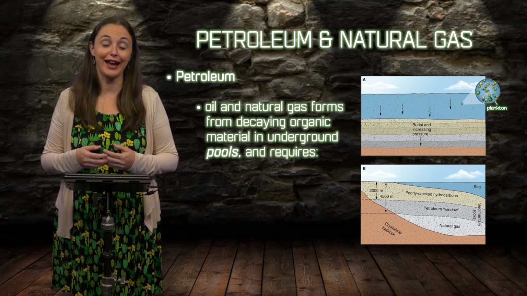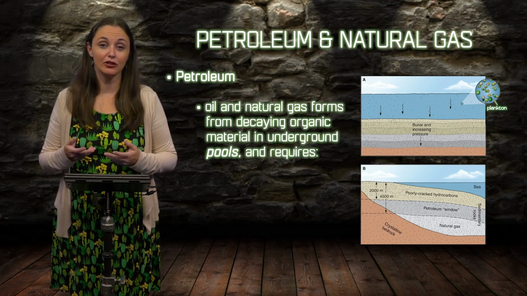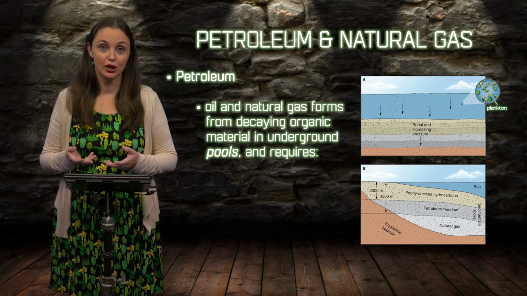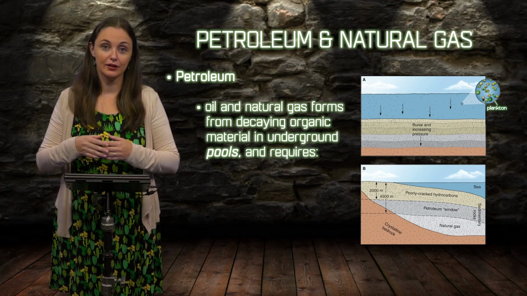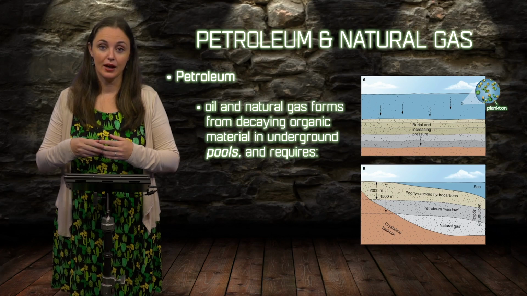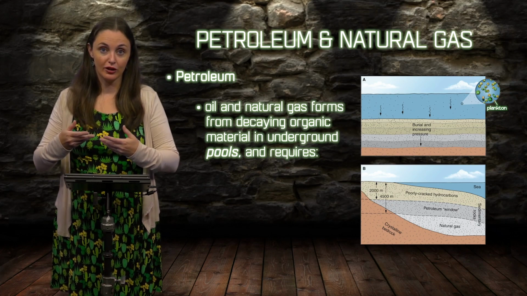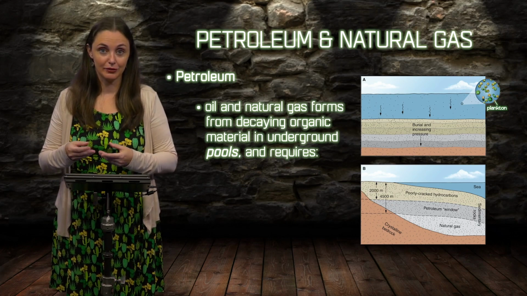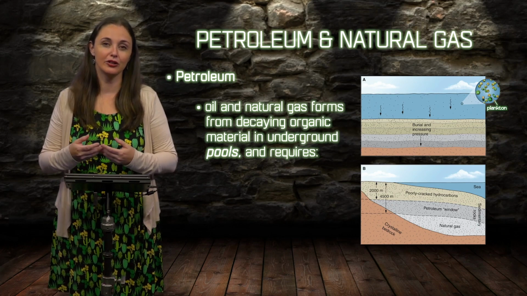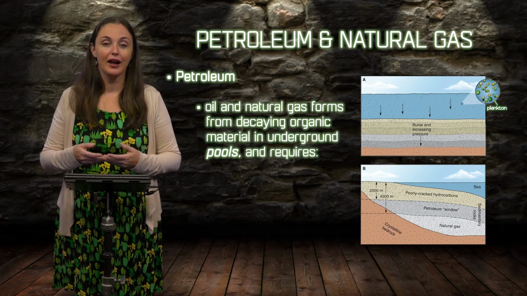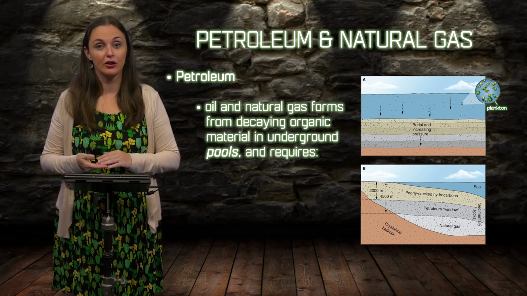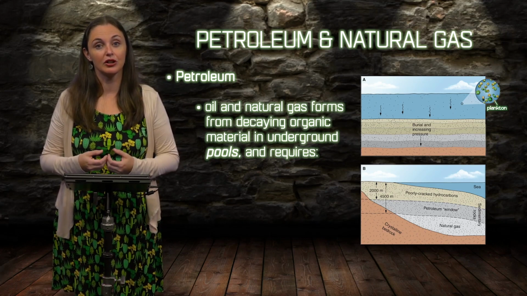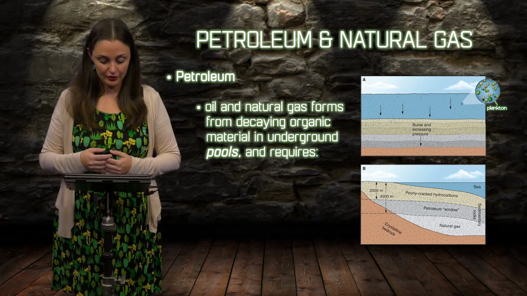This is going to be stuff like algae that at some point lived on top of the water column in the ocean. When it dies, it falls down to the bottom of the water column. It is going to be put in place with all of these finer grained clastic sediment, so all this stuff like clay and mud. And then over time, it gets deeply buried. And it's the burial that converts that organic material into oil and natural gas.